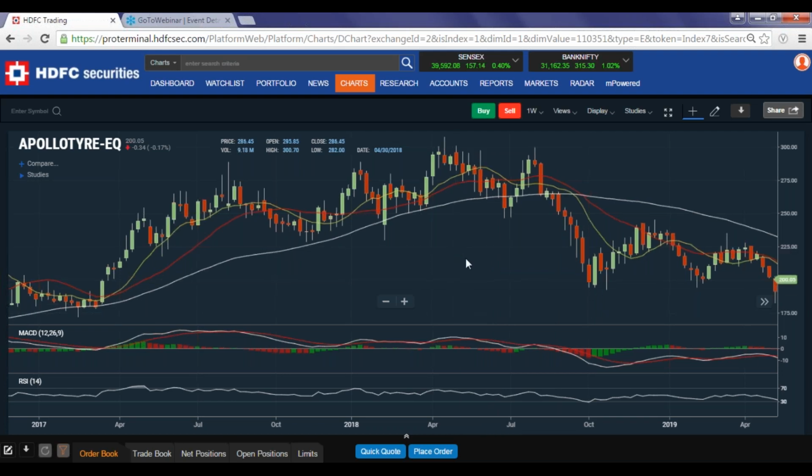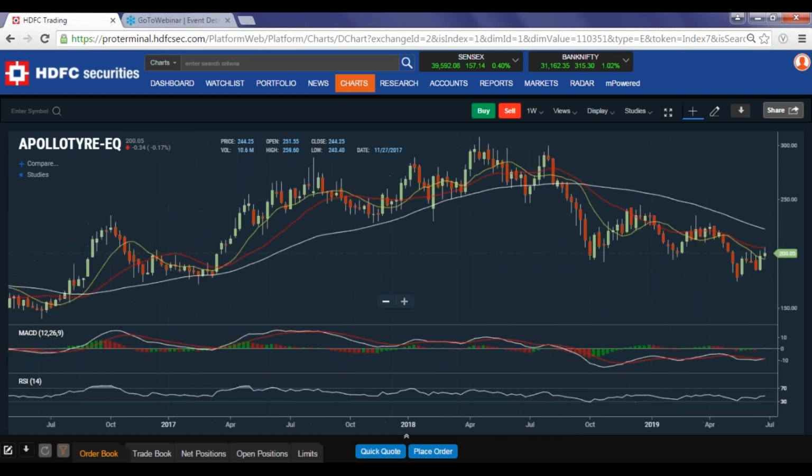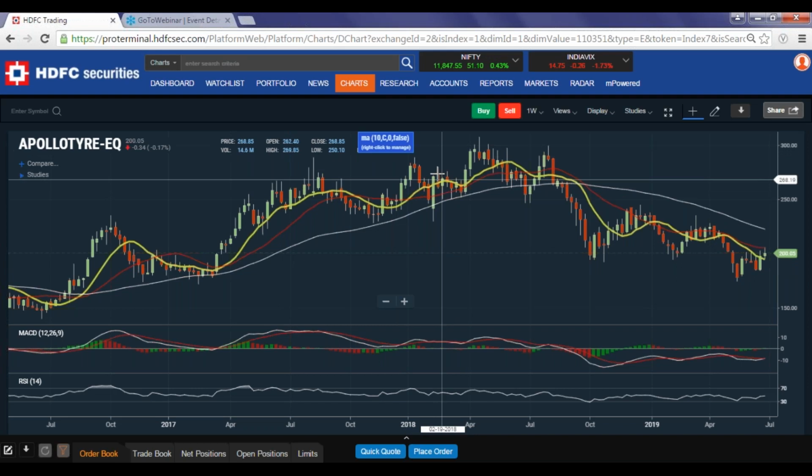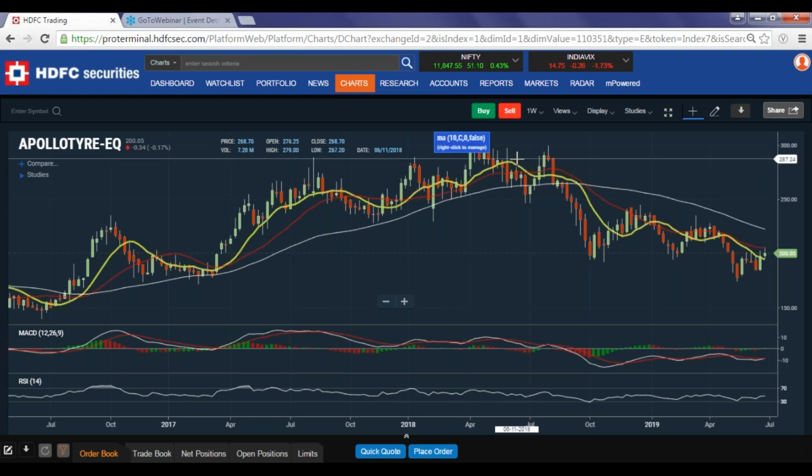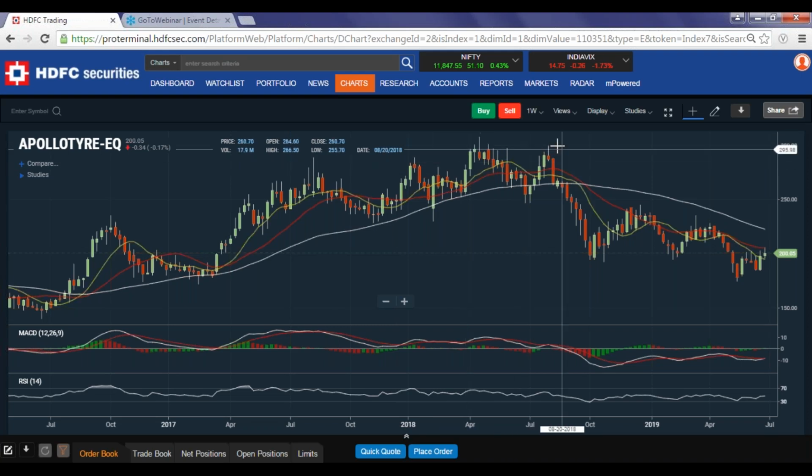Like I said, I can also see the double top is colliding with a head and shoulder pattern. Now please focus on my cursor movement over here. You can see this round is your first shoulder. There's another peak which forms like a head, and there is another shoulder that you can see, right?